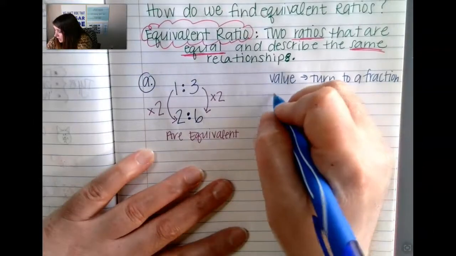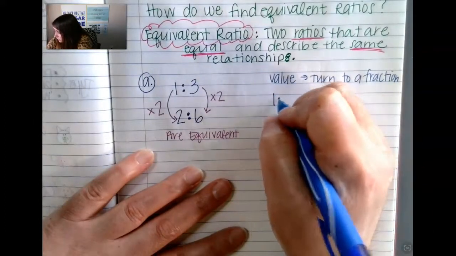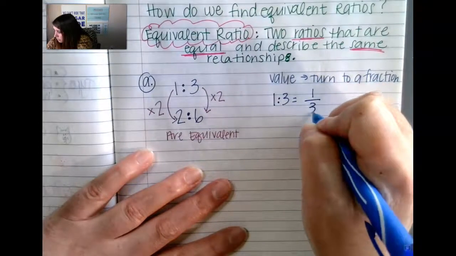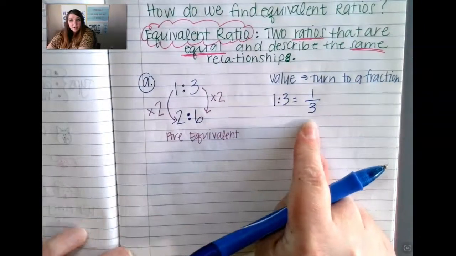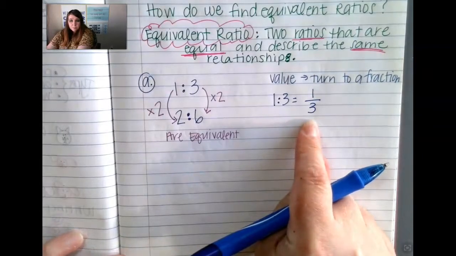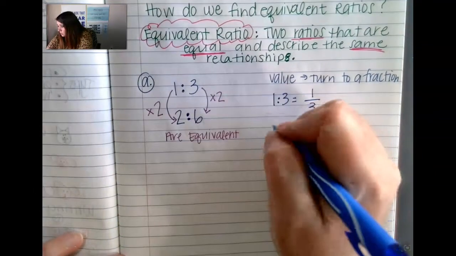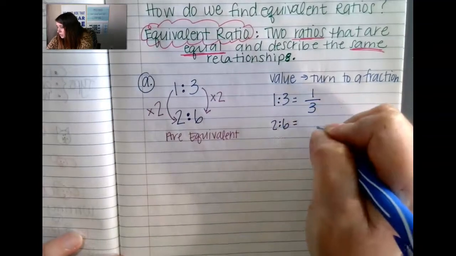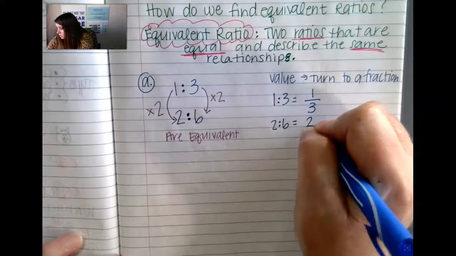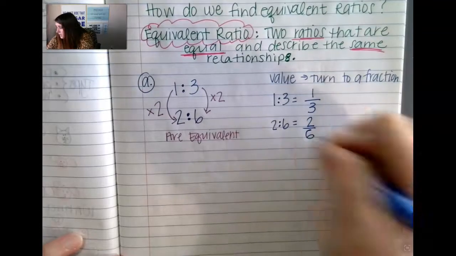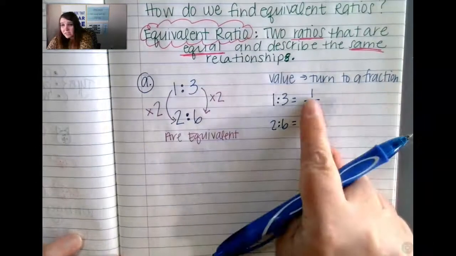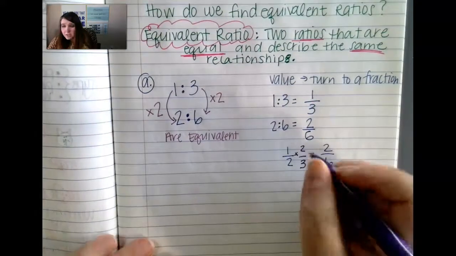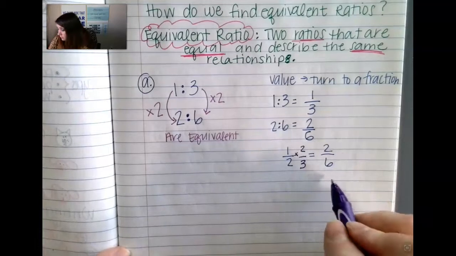So 1 to 3 is equal to 1 over 3, that's the value of that ratio. If I compare it to 2 to 6, and I make that into a fraction of 2 over 6, I can now set these two fractions side by side and make an equivalent fraction.